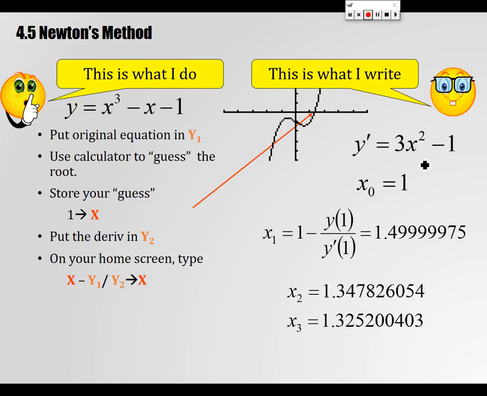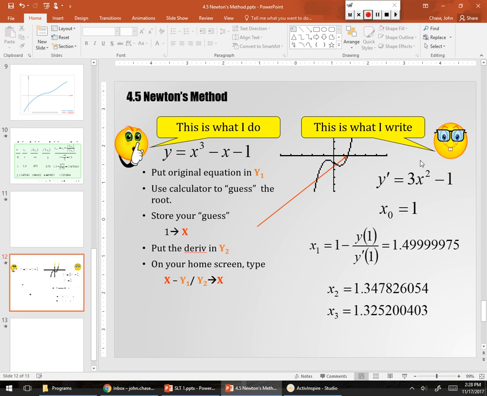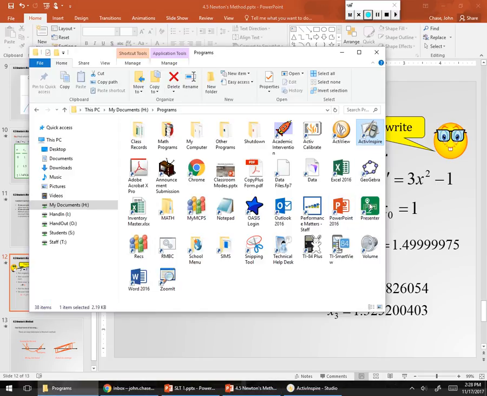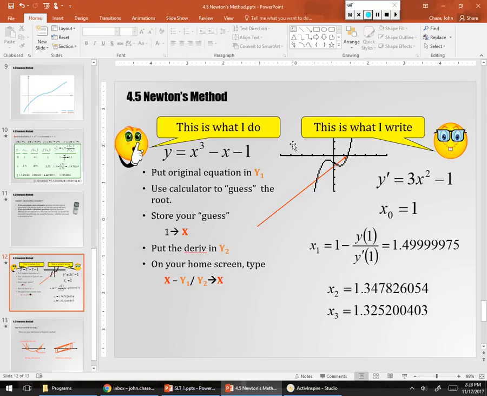But notice you can just keep pressing enter and get as many iterations of this as you want. It'll start stabilizing right away, right?